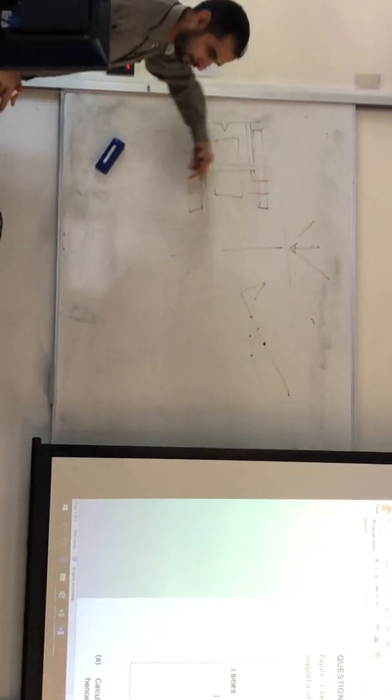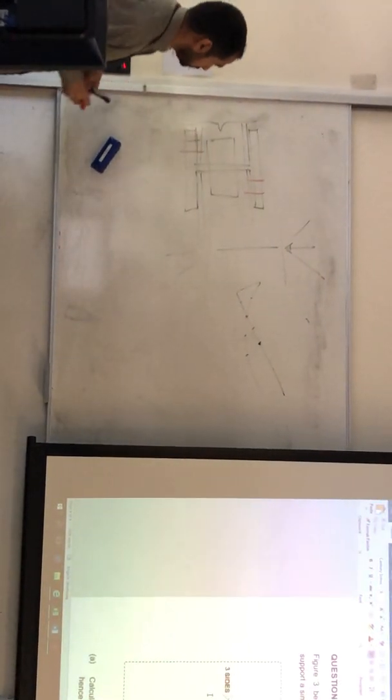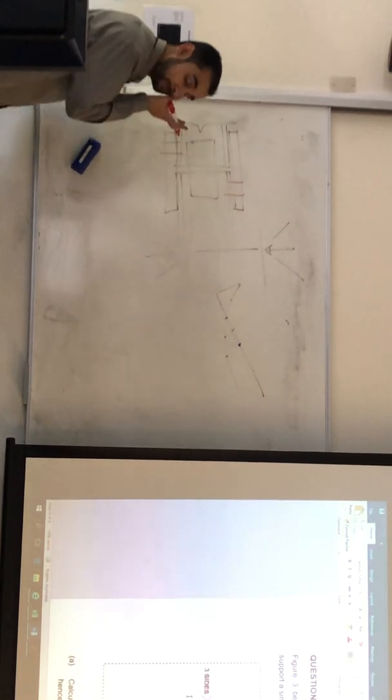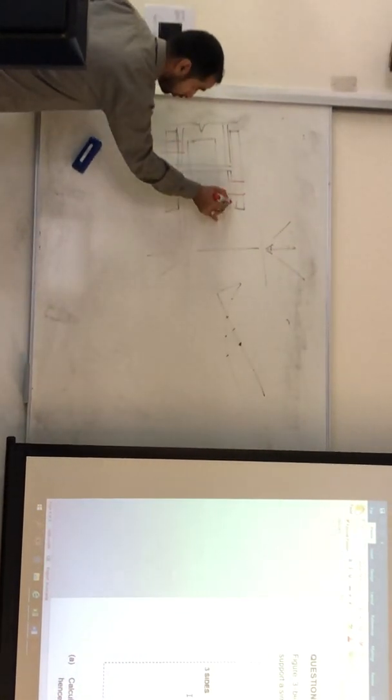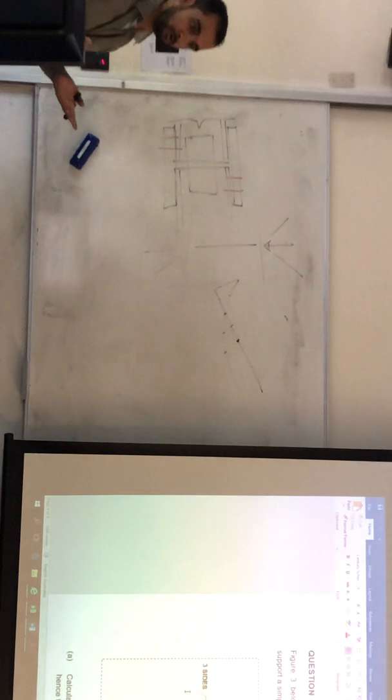So whatever is above is exactly the same thing below. So you start with, let's say we're doing the flange splice first. Where does the load go from the flange? It goes to the bolt.